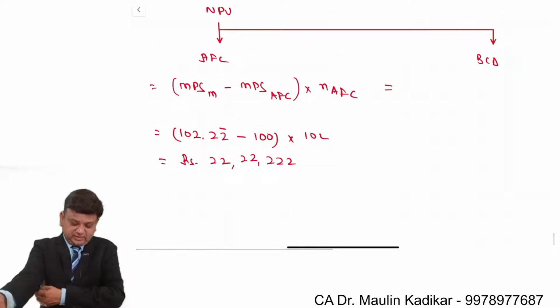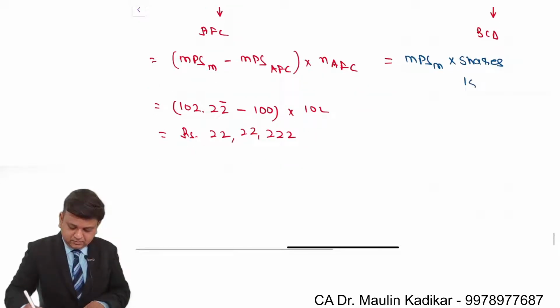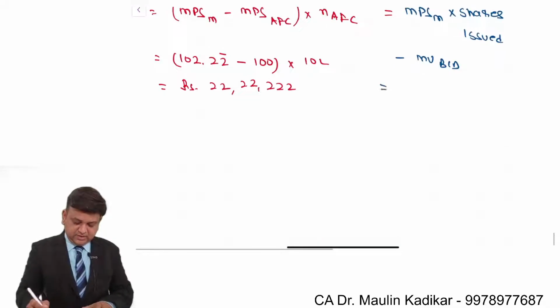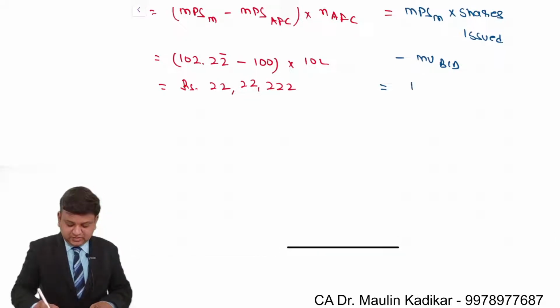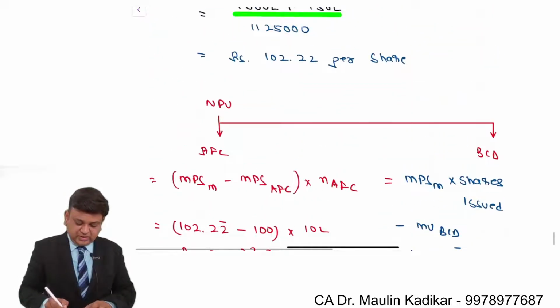And for BCD Limited, we understand that it is MPS of the merged firm into shares issued, minus market value of BCD Limited. This is the way we are required to find the answer. MPS of the merged firm is 102.22 into shares issued, which are 1,25,000.